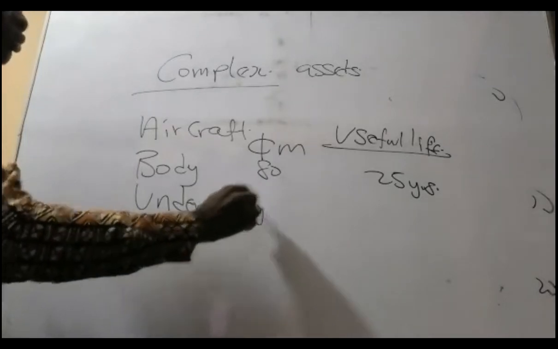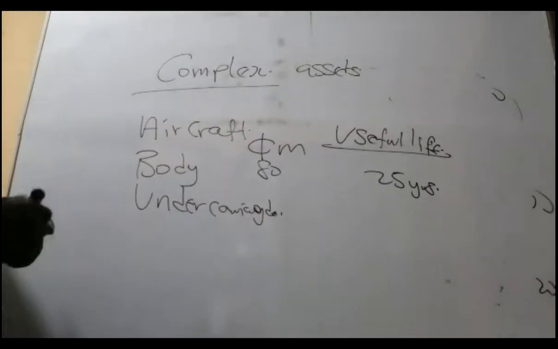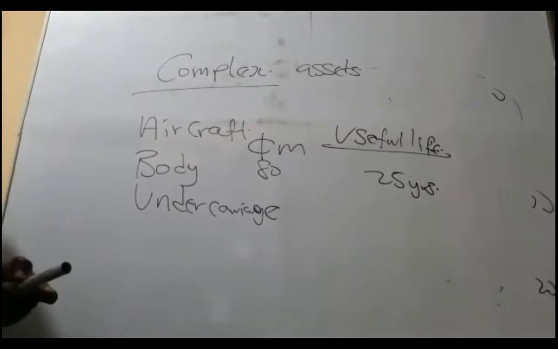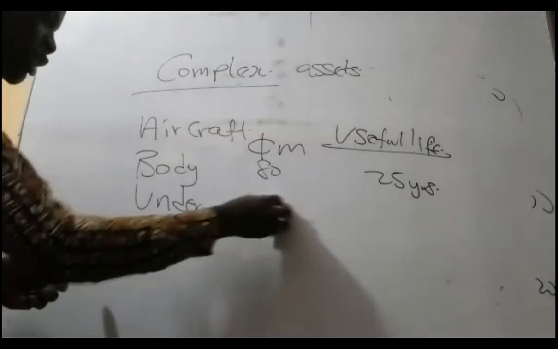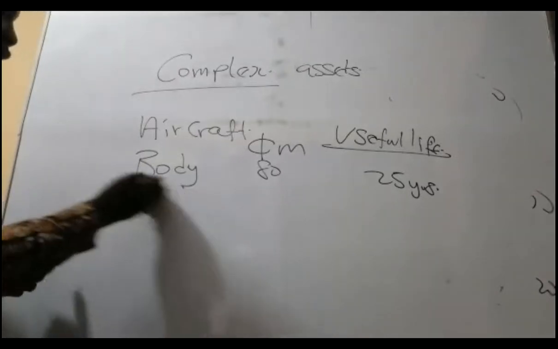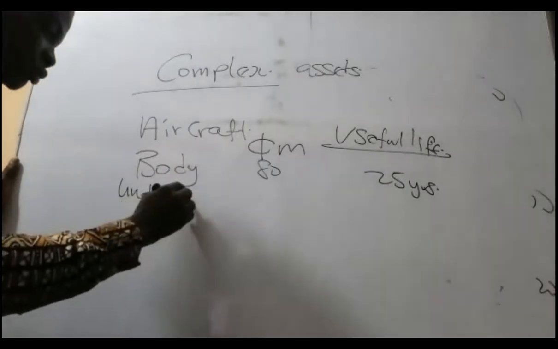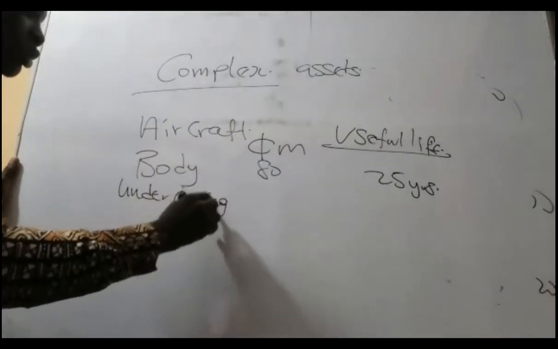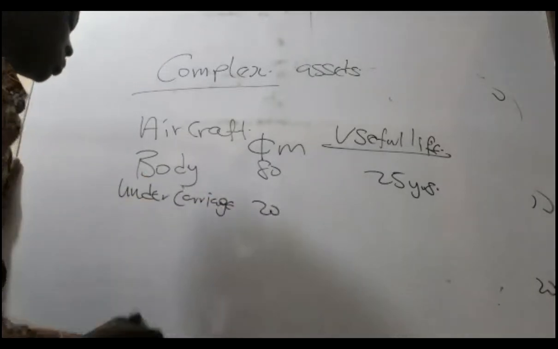Assuming that the undercarriage is around, let's say, 20 million.